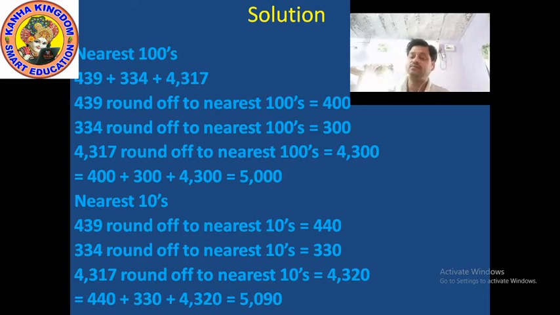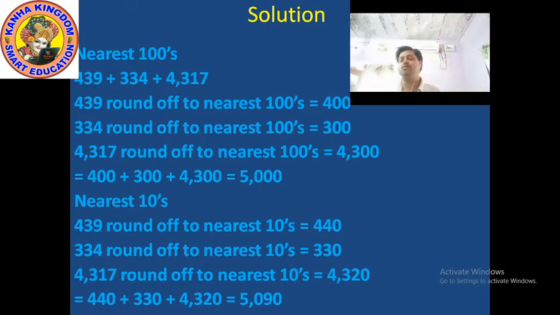First rule: if the tens place is less than 5, you convert the tens place and ones place into 0, and nothing changes in the 100 place. Second rule: if the tens place is 5 or more than 5, you also convert the tens and ones places into 0, but you add one to the 100 place.